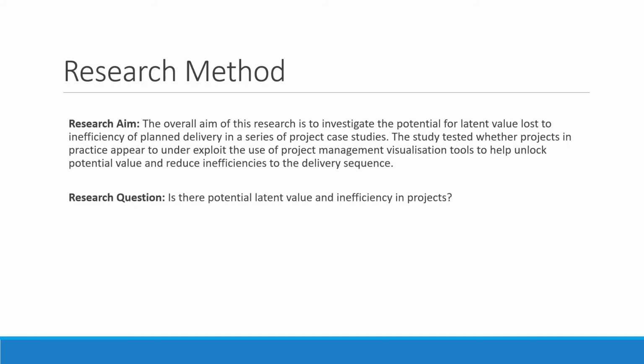This led to the aim of the study, which was to investigate the potential for latent value lost to inefficiency of planned delivery in a series of project case studies. A case study approach was selected to produce qualitative data to focus on establishing new perspective of the research problem.